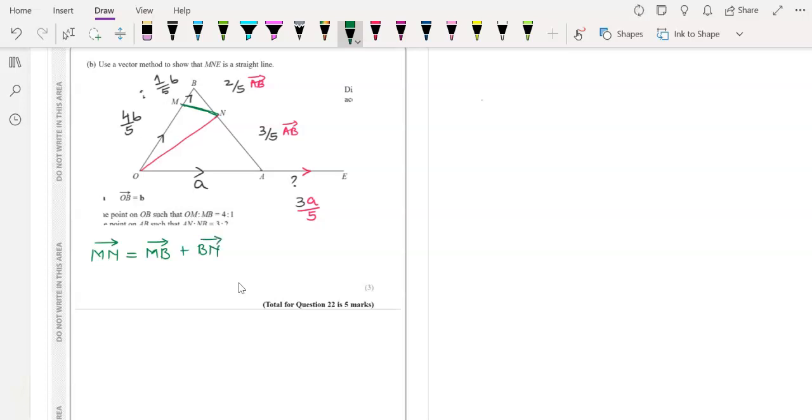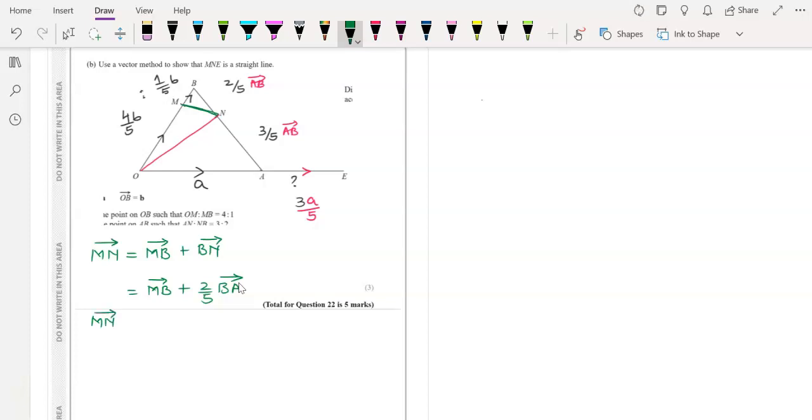Now MB we already know. BN is 2/5 of AB, but you have to reverse it, so it will be BN in the opposite direction, so it will be 2/5 of, instead of AB, now we'll take BA. Okay, now let's substitute the values.